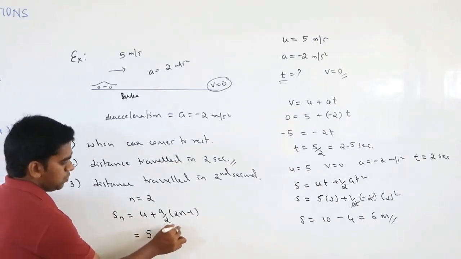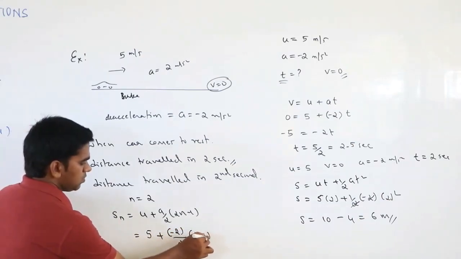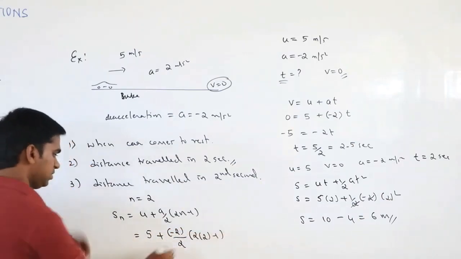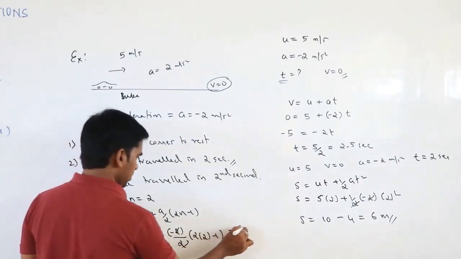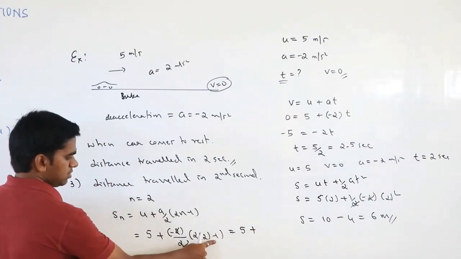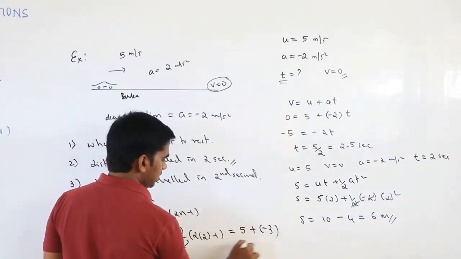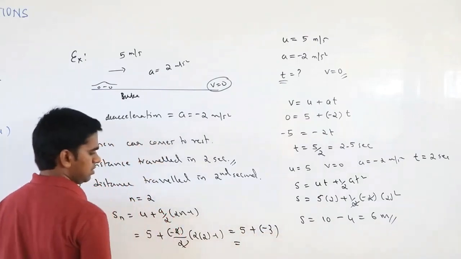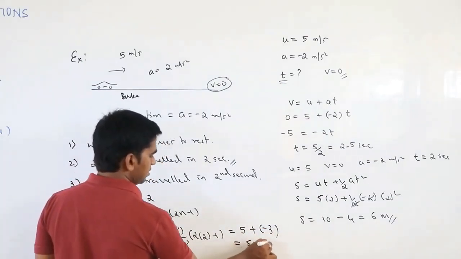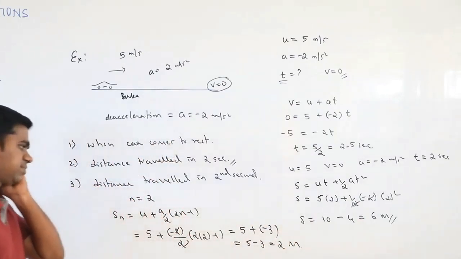Minus 2 divided by 2, into again 2n minus 1, n is what? 2 minus 1. Okay. So this 2 will get cancelled. So 5 plus this 4 minus 1, 3. So this is negative. So minus 3. So 5 minus 3, that will become what? 2 meters. See here, a lot of difference.